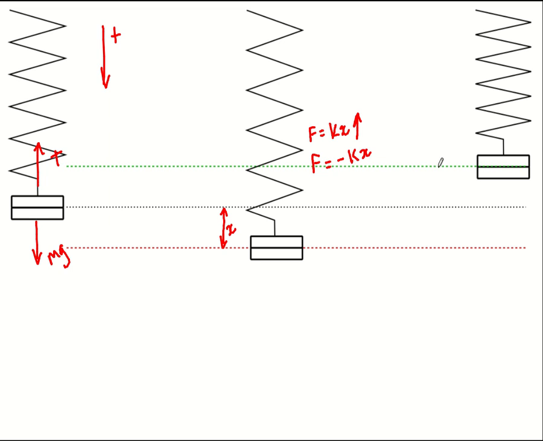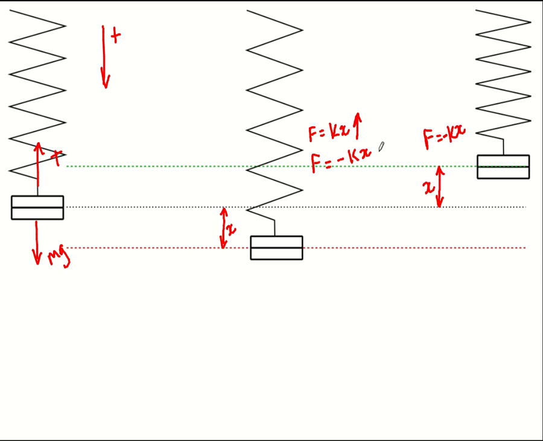Okay, by a similar argument, if I lift it up a displacement of x, assuming the spring is still in tension and it hasn't gone slack, then I've reduced my tension by kx, and I have a resultant force downwards of plus kx. But because my displacement was negative, I still need that negative sign there. I've got a positive acceleration downwards, but I've got a negative displacement. So negative multiplied by the negative gives me the positive value there.